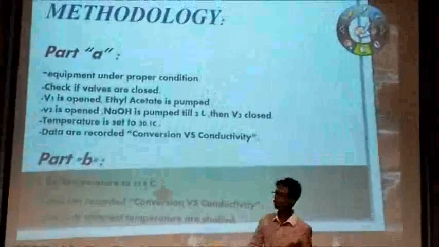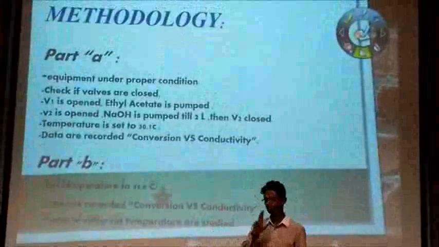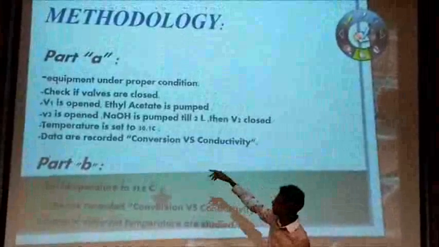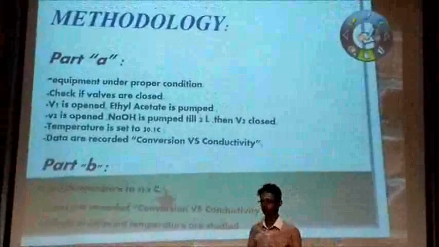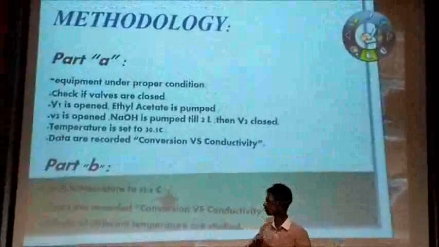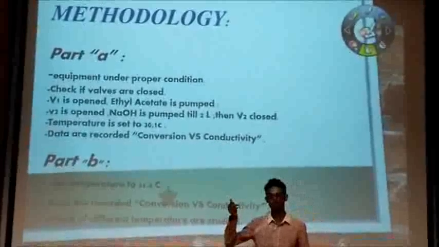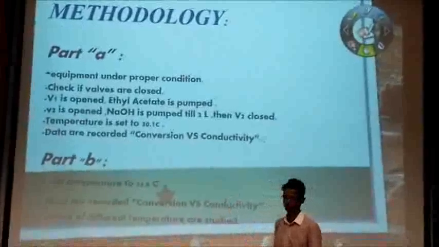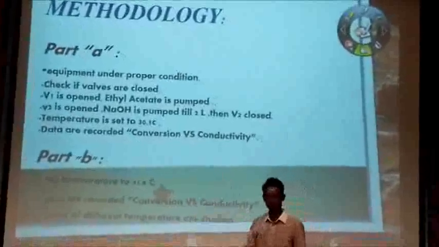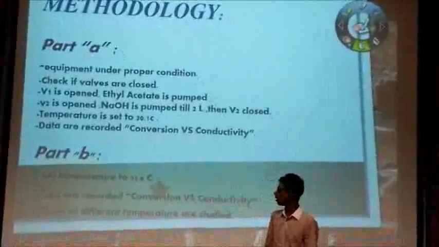After that, V2 is opened, so that sodium hydroxide is pumped in until 2 liters with the first one, which is ethyl acetate. Then we have to close V2. Until it's 2 liters, we have to stop. After that, we set the temperature to 30.1 degrees Celsius. Then the data will be recorded, which is the conversion versus the conductivity. That's all about part A.